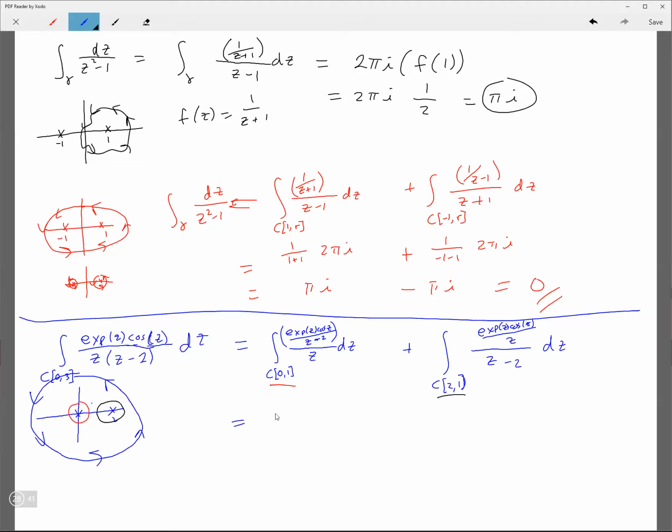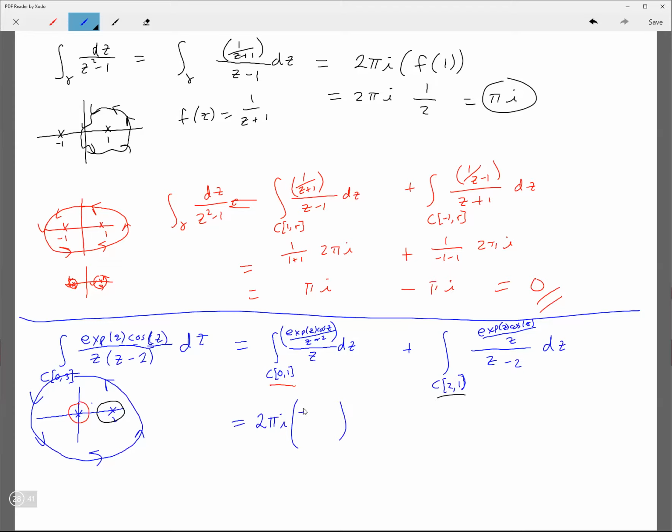It's like e over -2. Wait, what? Let's put the 2 pi first, okay? And then what's this part going to be? Yeah, e over -2.